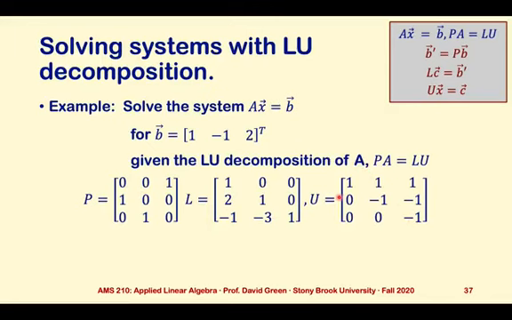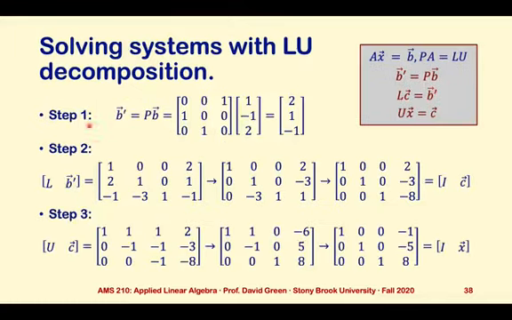How would we go about using this? We're always going to focus on our original system, our decomposition, broken down into 3 steps. Find B prime, find C, then find X. Our first step, solving for B prime, is as simple as multiplying this column by this permutation matrix.